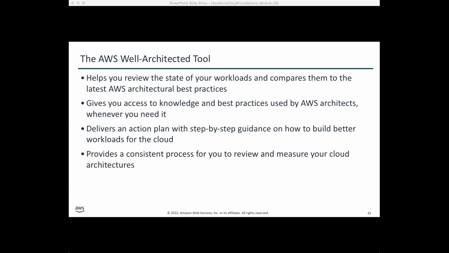This tool then gives us a sort of action plan with step-by-step guidance on how to improve the workload for the cloud, right? This tool provides us a consistent process to review and measure our cloud architecture, right?